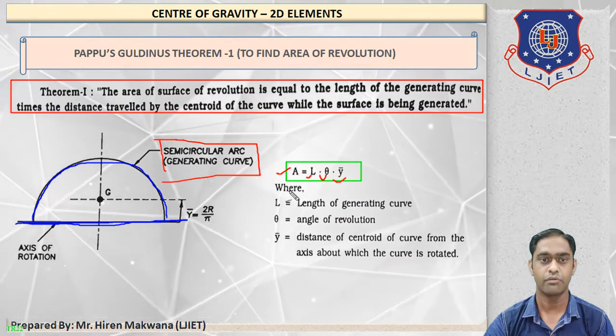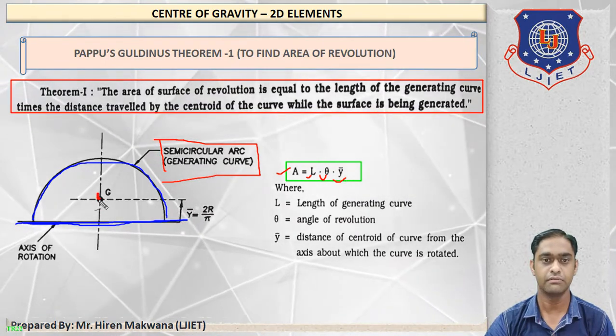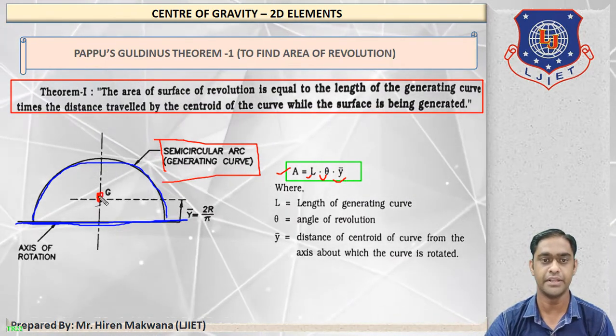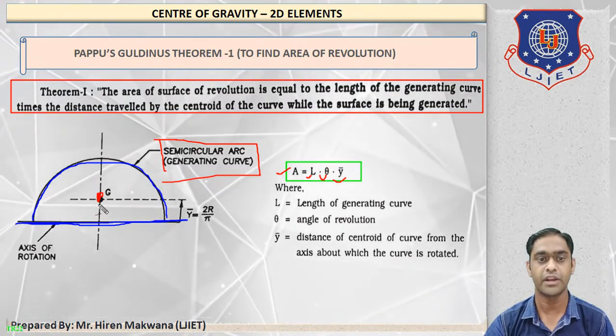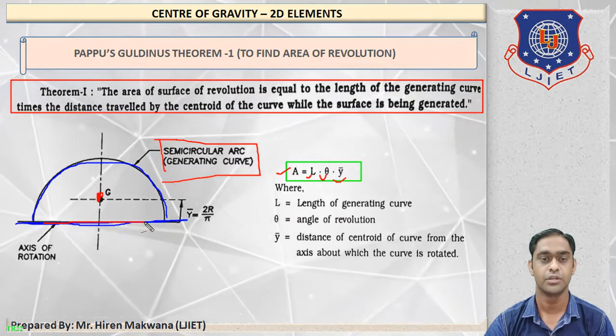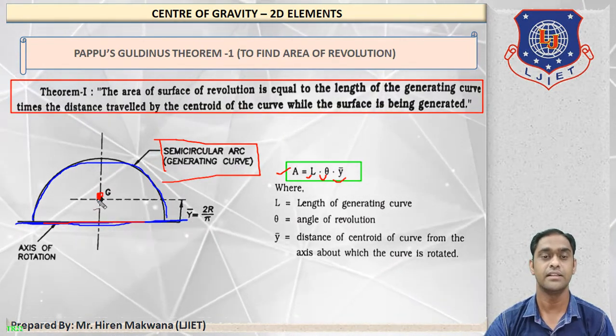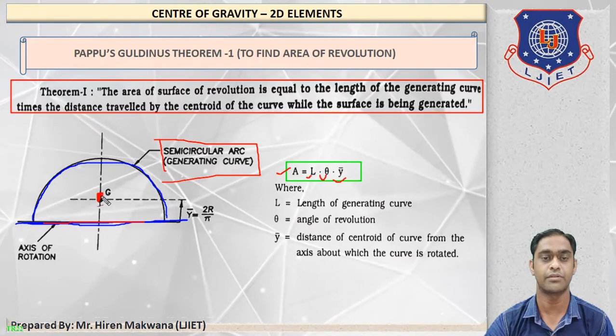What is y bar? So y bar of this particular part means the center of gravity, the distance of the center of gravity from the reference axis, from the axis of rotation. So here you can see in the figure, in the semicircular arc, this is the center of gravity.